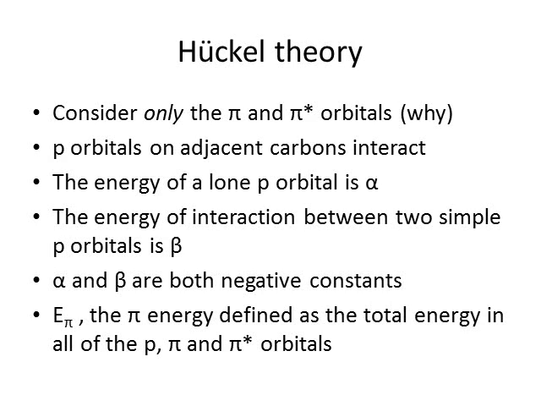Now Huckel, when he initially did his work, it was kind of all on paper. And so he didn't have the energy of a p orbital. So he just said, let's call that something. Let's call that alpha. So alpha is just a constant. And he said, when two p orbitals interact to make a pi bond, we're going to call the strength of that interaction beta. Again, it's just a constant. There's an actual value to that.